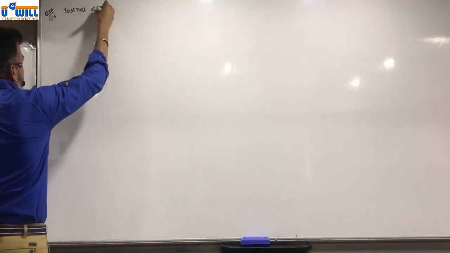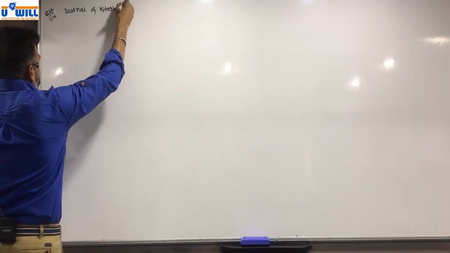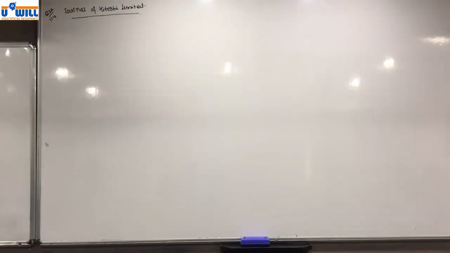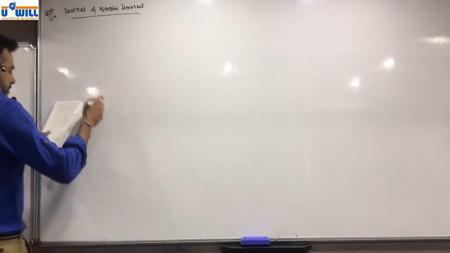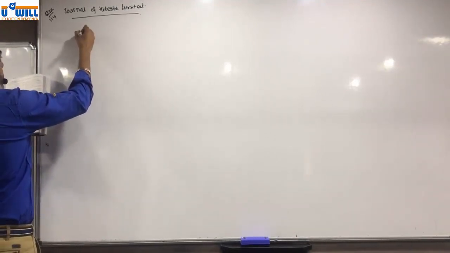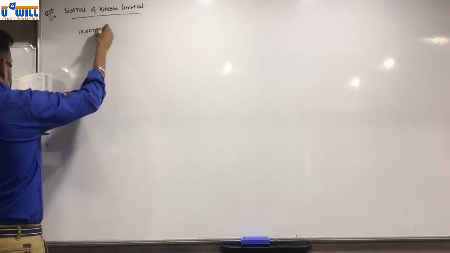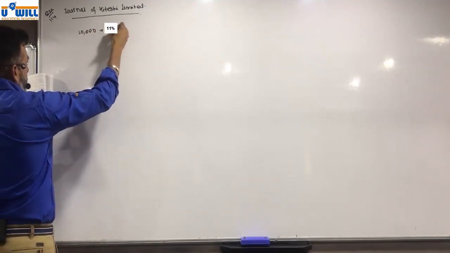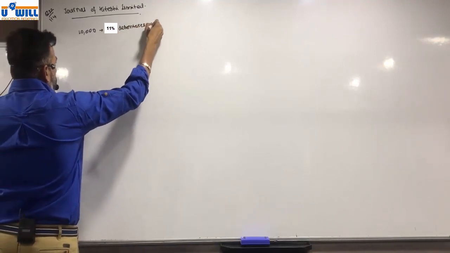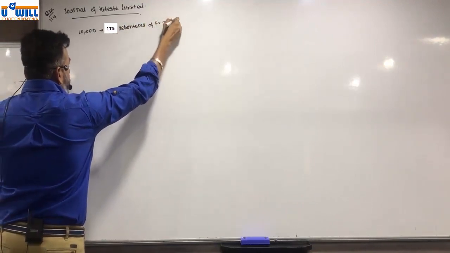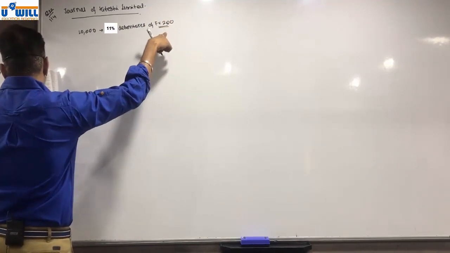Journal of Hiteshi Limited. Now information लिख लो पहले so that you don't make a mistake. 10,000 11% debentures of face value rupees 200. Be careful about this.